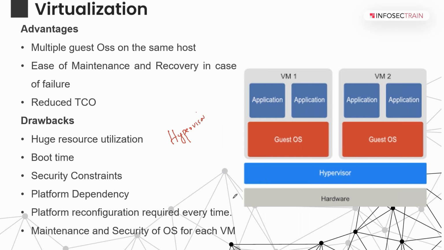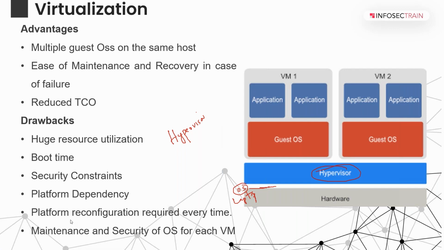So now this is my laptop, on top of it I have an operating system, and on top of my operating system, I can install a software called a hypervisor. You can see it here.